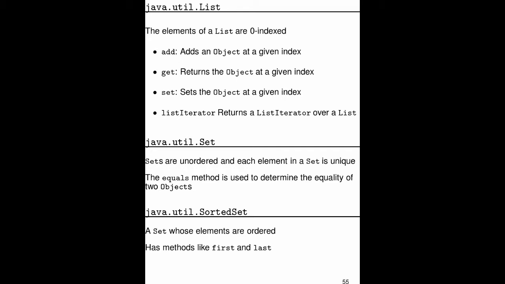So for instance, there is an overloaded add method introduced by list, which will add an object at a given index. And you can also get and set an object at a given index. So give me element 4. Set the value of element 5 to this other object. And lists also allow you to get a list iterator in addition to the regular iterator. And we'll see in a little bit that a list iterator allows you to iterate both forwards and backwards over a list.